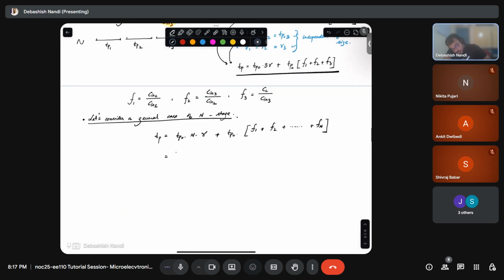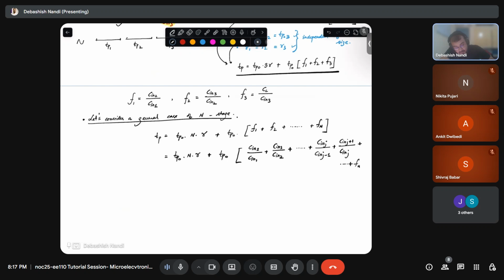Now this is Tp0 n times gamma, and this is Tp0 times C in 2 by C in 1 plus C in 3 by C in 2 plus, let's take some intermediate term because we need to generalize, C in j by C in j minus 1 plus C in j plus 1 by C in j, plus up to F of n.